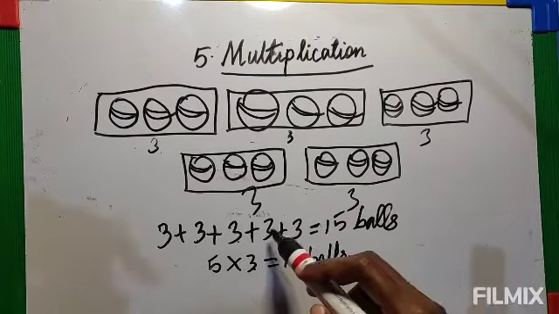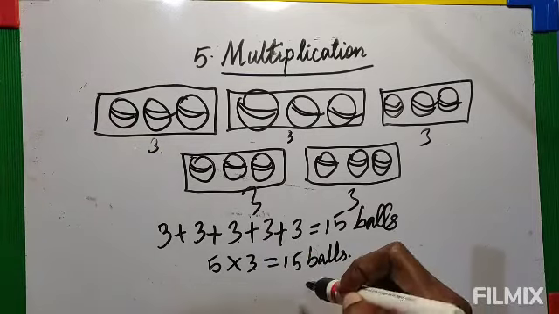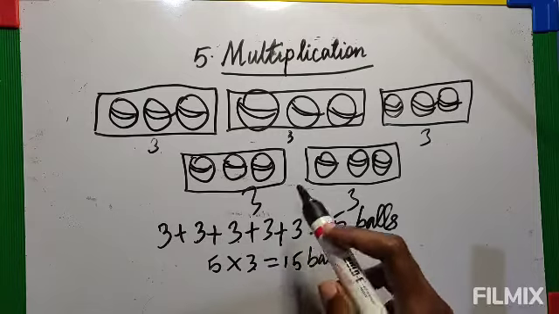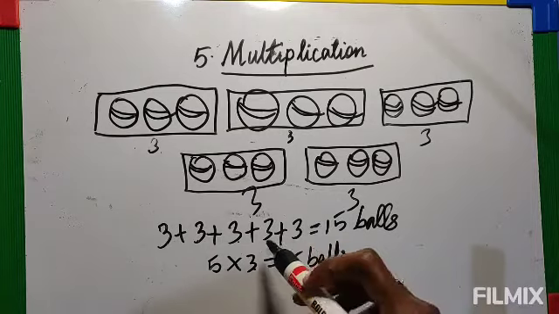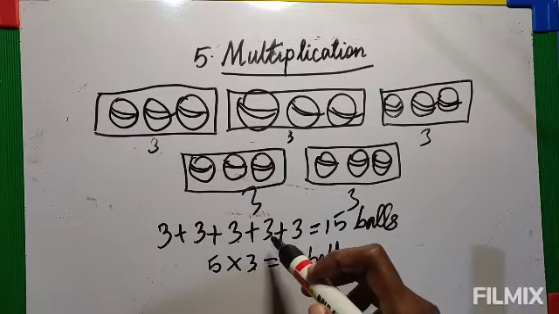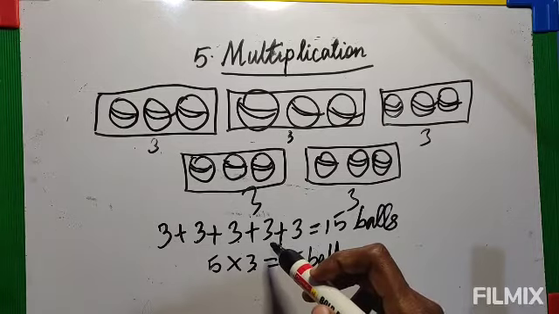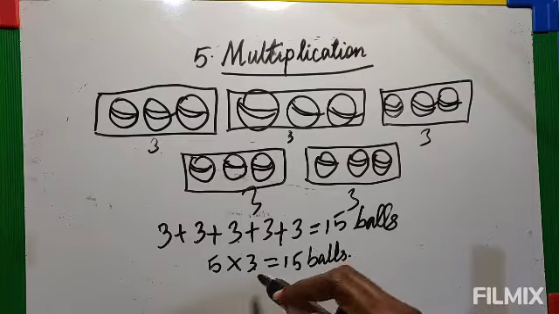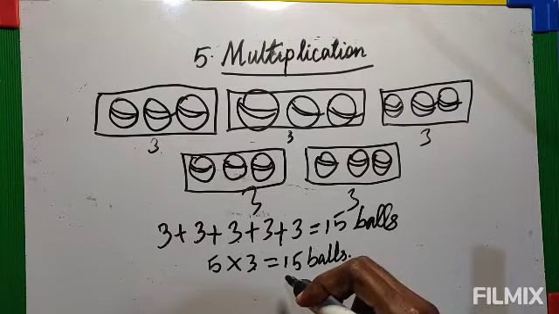It takes a long time to add, but to multiply it won't take much time. It will be much quicker. This is the way we do multiplication. Instead of adding the same number again and again, which takes a long time, we do it in a short form. That way multiplication is formed.